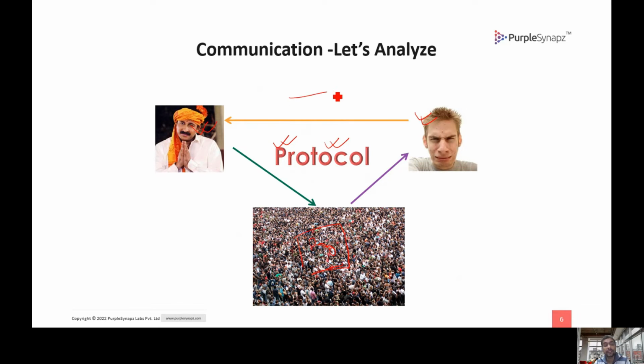We need to bring certain elements among both of these so that they talk in a common language. The language is not common, but commonality has to be there. That commonality is what is called a protocol, which is understood by everybody everywhere.